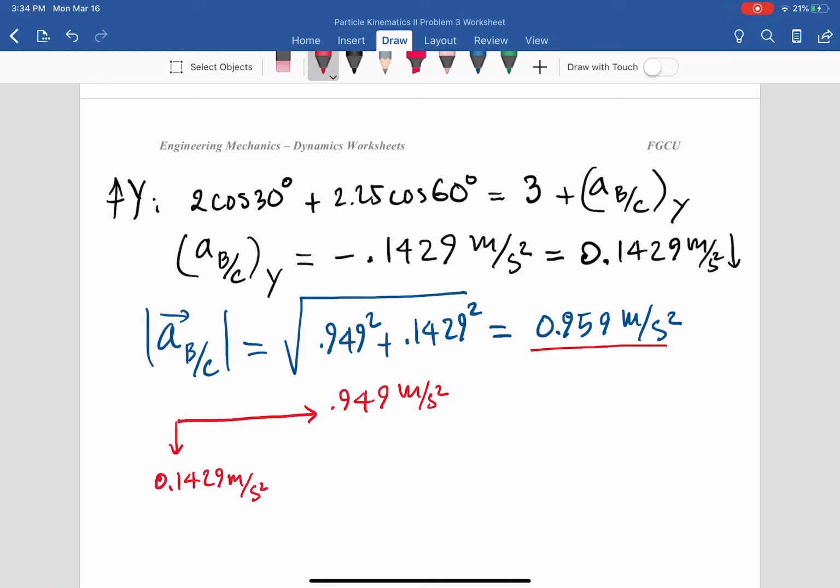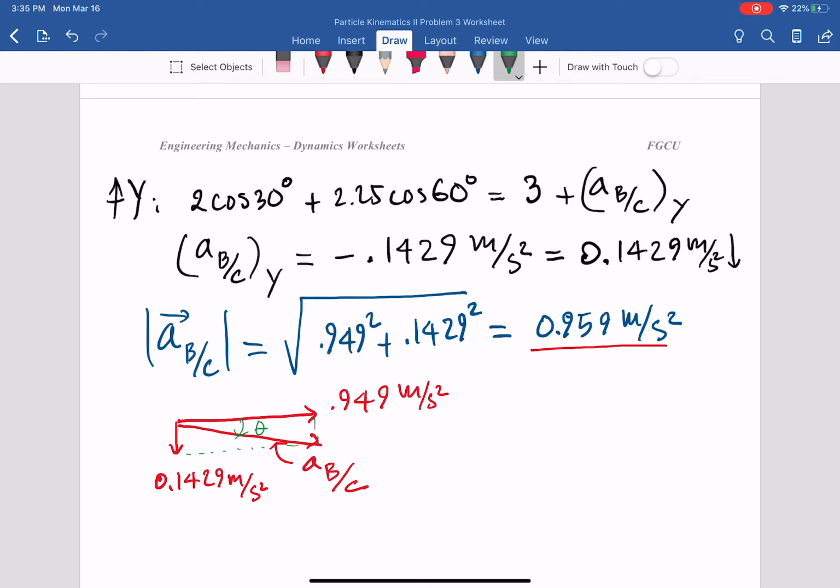Again, the resultant will be the diagonal of this rectangle, AB relative to C, and the angle we want to find is here, theta.